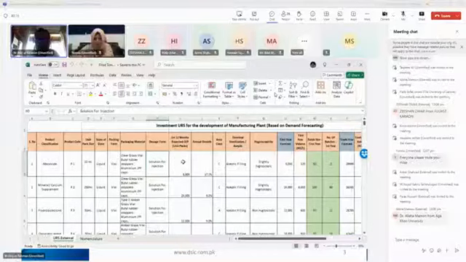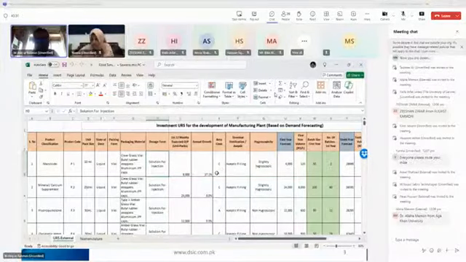Then it's sales data, then area classification. Area classification, for example, what is the requirement of the area class of this product, this molecule. This area classification is C. Then terminal sterilization: if it is an injectable, whether you go for terminal sterilization or aseptic filling.